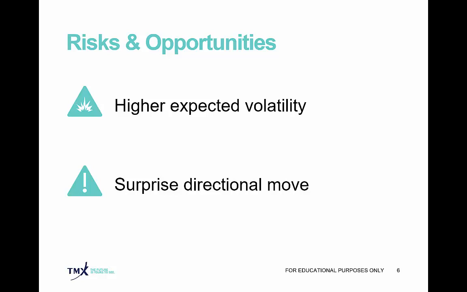And when you're dealing with an earnings report, that can result in some price information that could force the market to make some pretty quick decisions, either buying because earnings were better than expected and there's future opportunity, or selling because earnings were not as good as expected and there is an expectation that the shares are going to drop significantly in value. So this often can create a surprise directional move.